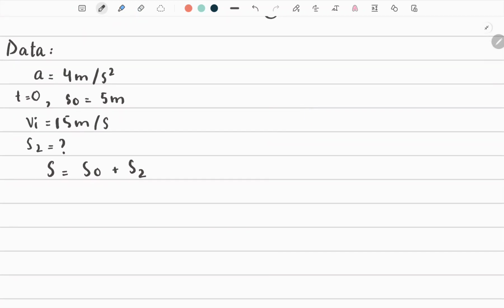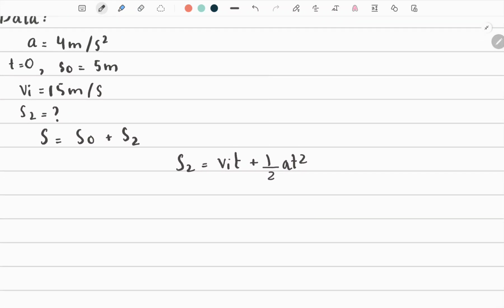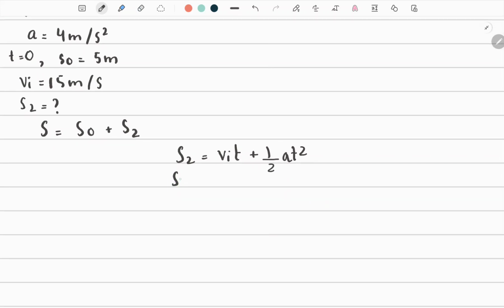So first we have to find the S2, just simply putting the second equation of motion, s equals v_i t plus half a t square. All the values are given, just putting in the values.